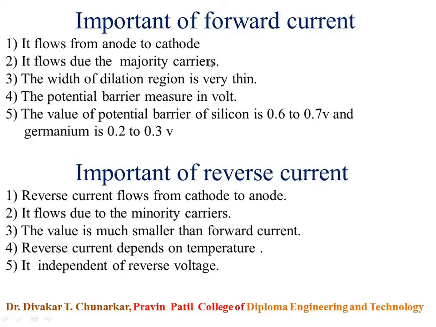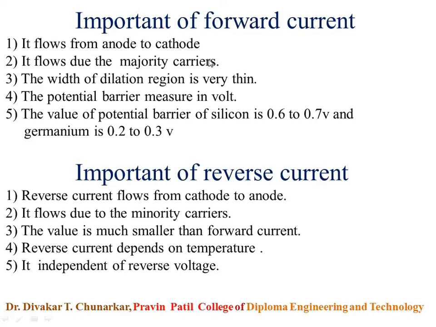So today I will explain the importance of forward current and the importance of reverse current. In case of forward current, current flows from anode to cathode. Forward current is due to the majority carriers.